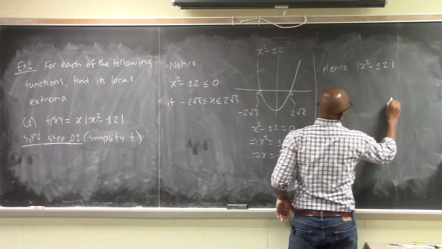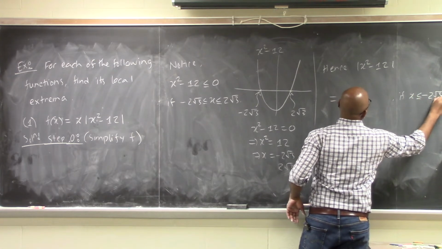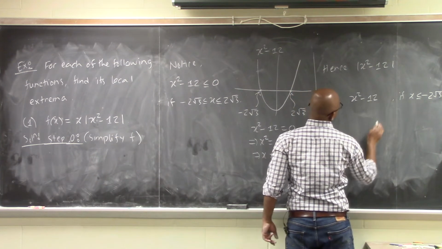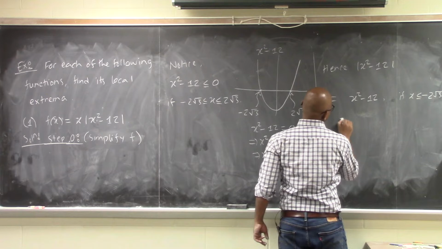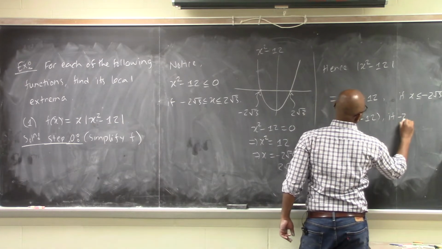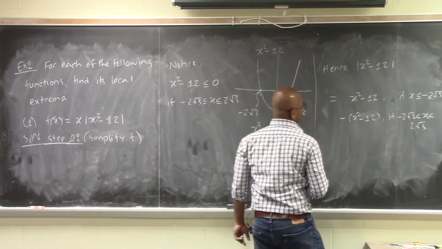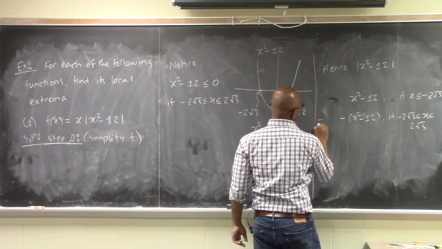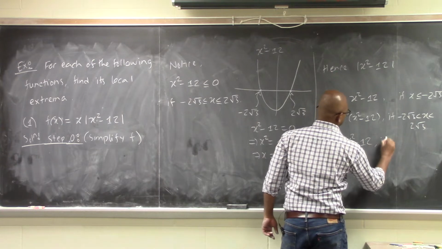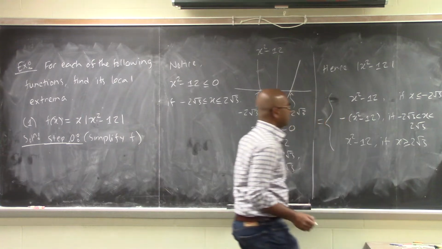So if x is less than or equal to negative 2 root 3, then this is just x squared minus 12. Okay, and this is negative of x squared minus 12 if x is between negative 2 root 3 and positive 2 root 3, and this is x squared minus 12 if x is bigger than or equal to 2 root 3.